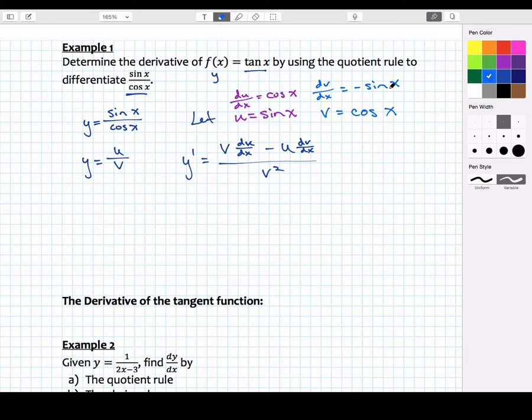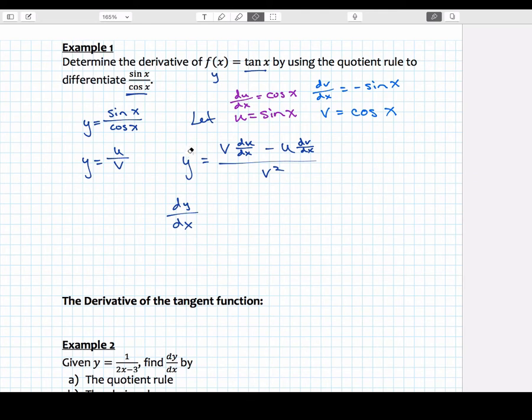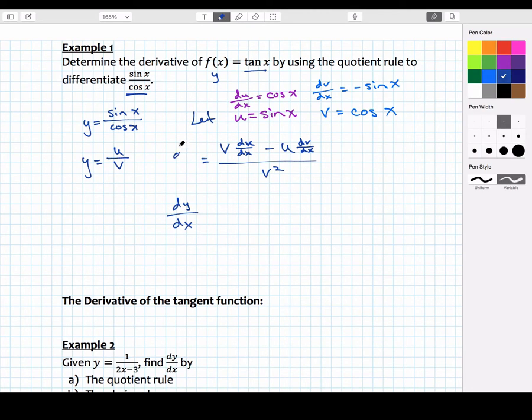So, our y dash, or to keep the notation consistent, I should call this dy dx. Well, it's equal to v, which is cosine x, times the derivative of u, du dx, which is also cosine x, times cosine x.